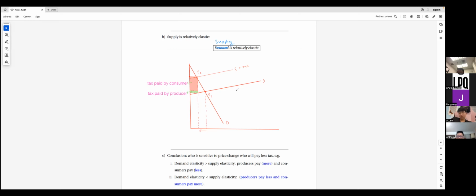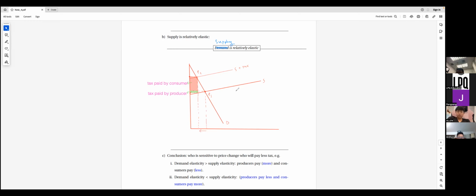Why? Because in this case consumers don't care about price change. Yeah, this time the real life story is you are a smoker, you buy cigarettes, and one day you heard about BC government will add a higher tax rate on cigarette products. But do you care about that? No, you kind of don't care about that.